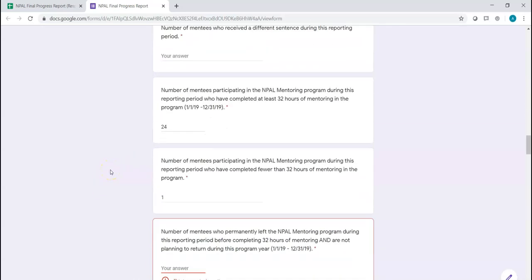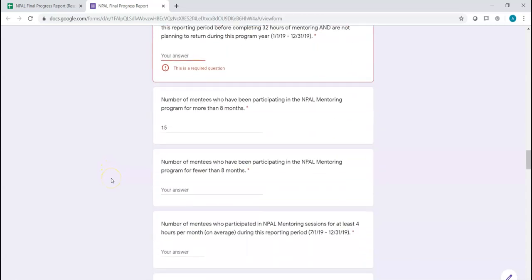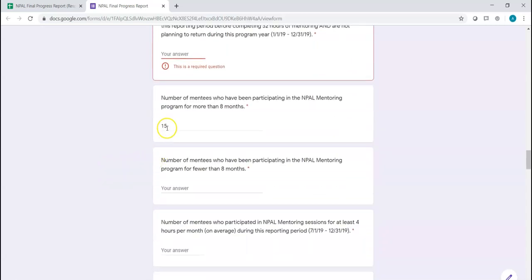So this would mean that in this example, this number must be incorrect, because I indicated that I only had 10 youth recruited and participating at the start of the program period back in July. And since obviously that was less than 8 months ago, this number of 15 is actually not possible. So it would actually be 10 at the very max.